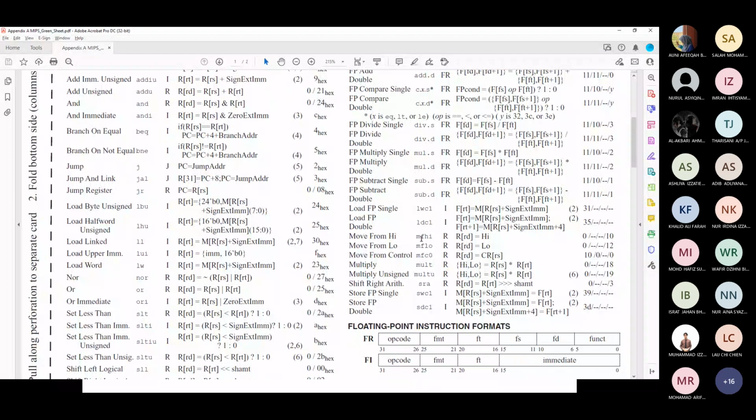Here, move: MFHI, MFLO. MFHI is move from high, and MFLO is move from low. So we want to move the high and low registers to the destination. You can use these commands to move the content of the result of the multiplication or division.